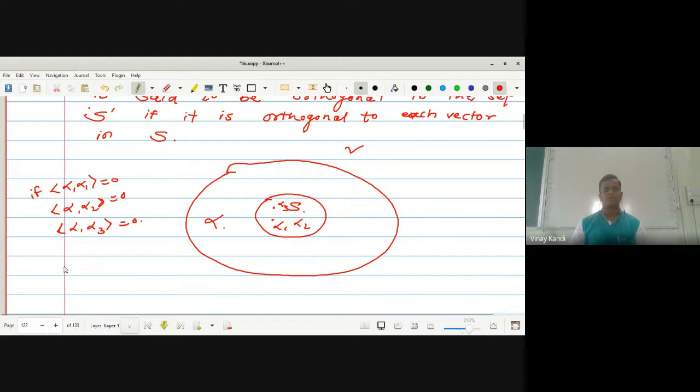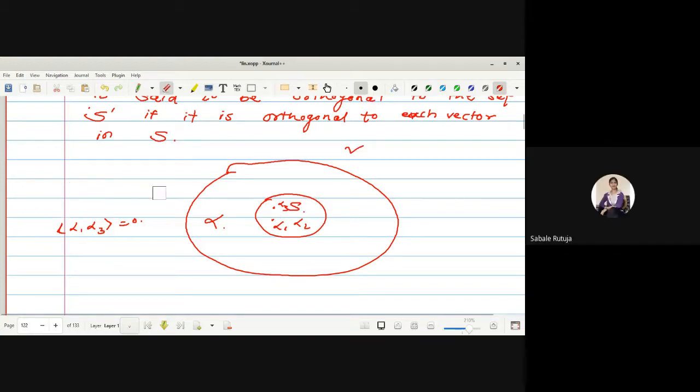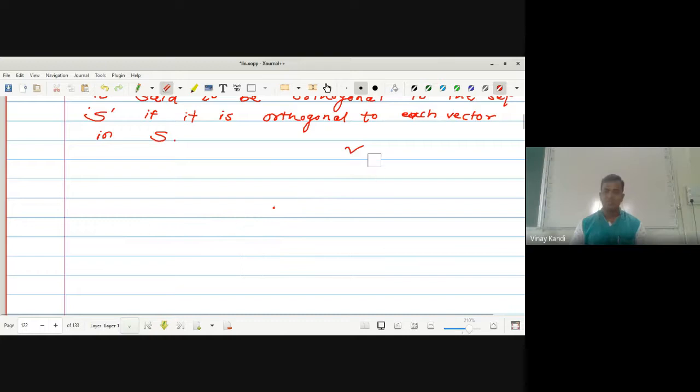Okay, then we say that this alpha is orthogonal to the set S. Okay, any doubt? No, sir. Okay, take सगळं मेकॅनिकल पार्ट आहे, तुम्ही वाचल्यानंतर ही समजून जाईल तुम्हाला, इतकं सोपं आहे.